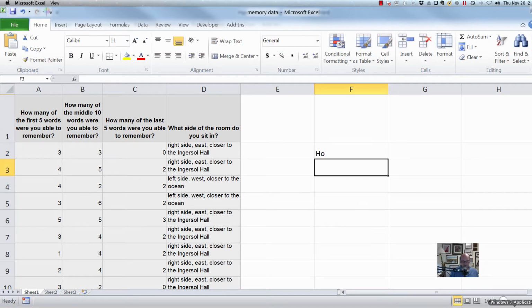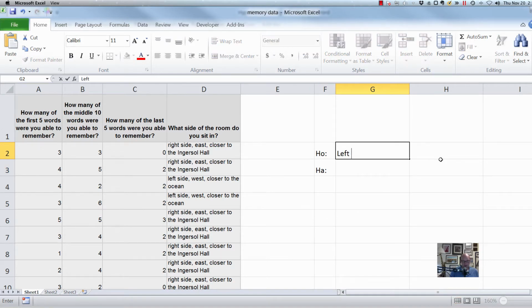So let's write out a null and alternative hypothesis for this one. The status quo, nothing interesting going on, is something like the left side mean equals the right side mean.